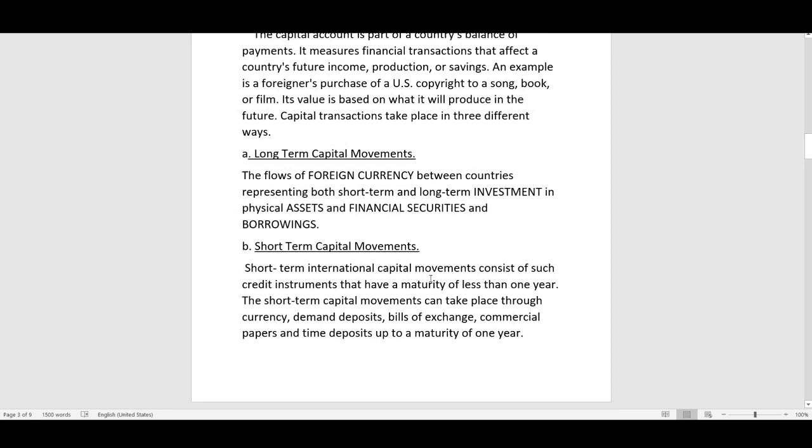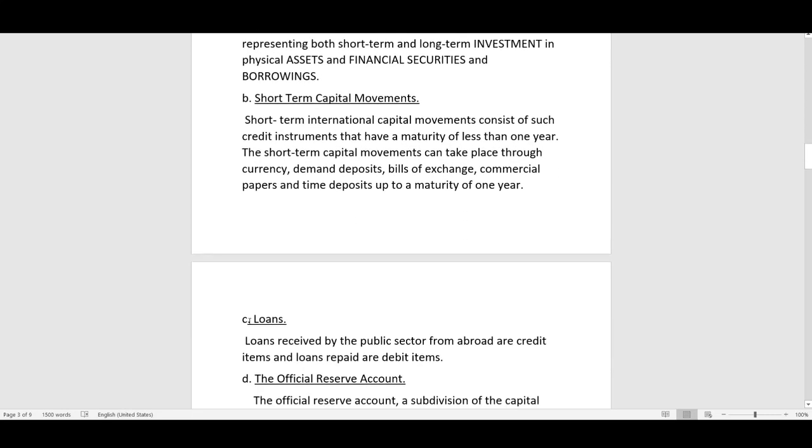Short-term international capital movements consist of such credit instruments that have a maturity of less than 1 year. The short-term capital movements can take place through currency, demand deposits, bills of exchange, commercial papers, and time deposits up to a maturity of 1 year.